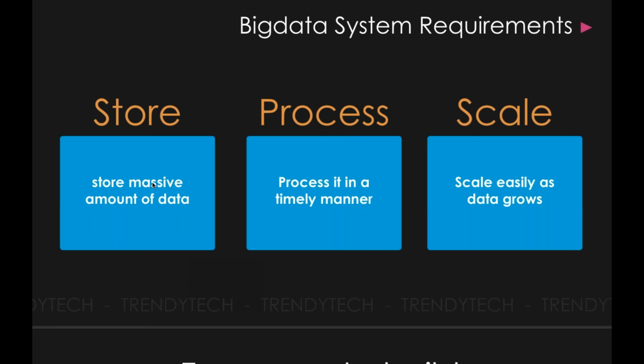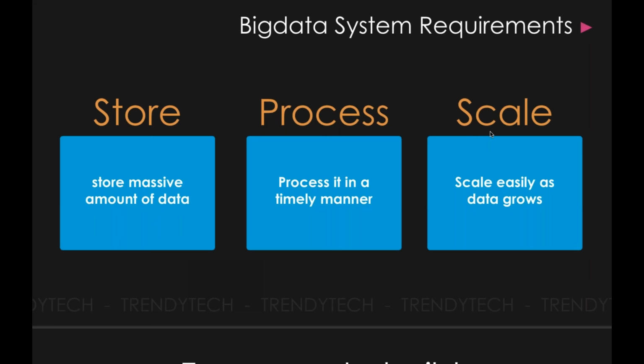If you are able to accommodate the growing demands, then it is called a scalable system. If you are not able to do that, then it is not scalable. So you need to make sure a good big data system is always scalable so that it can adapt based on the growing needs. Because if it is not scalable, then this system might work today, but not tomorrow.